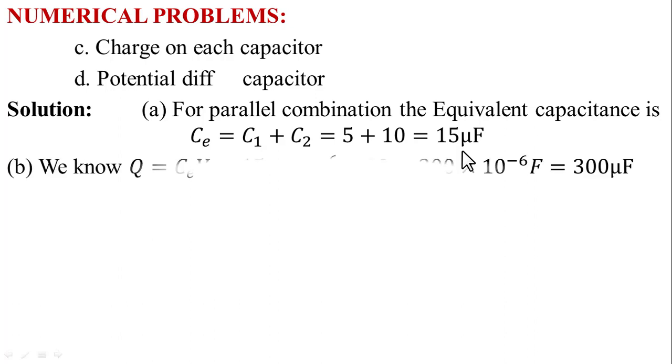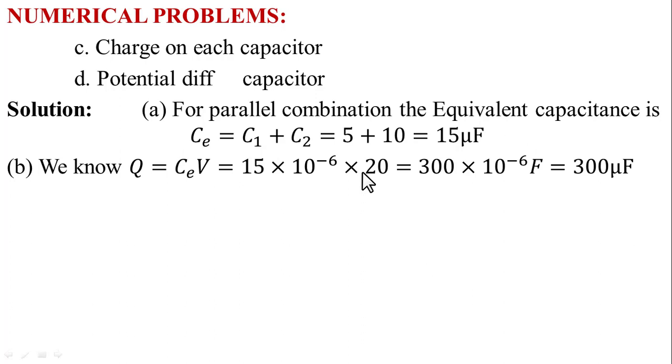Now we can find part B. We know that Q is equal to CE multiplied by V. The value of CE is 15 microfarad, so 15 multiplied by 10 raised to power minus 6, and battery voltage is 20 volt, so multiply by 20.